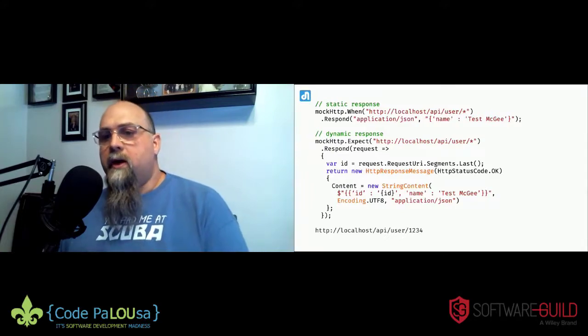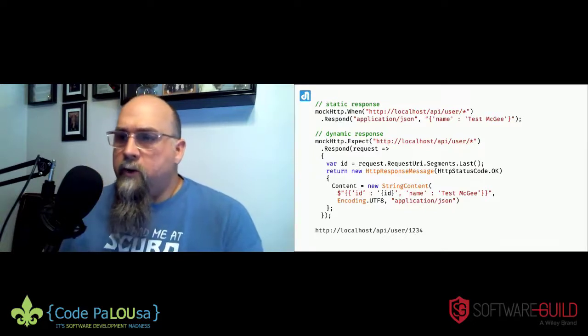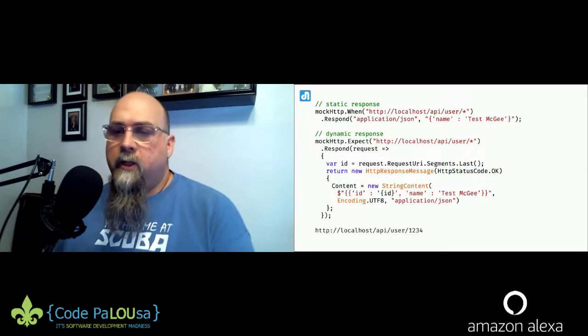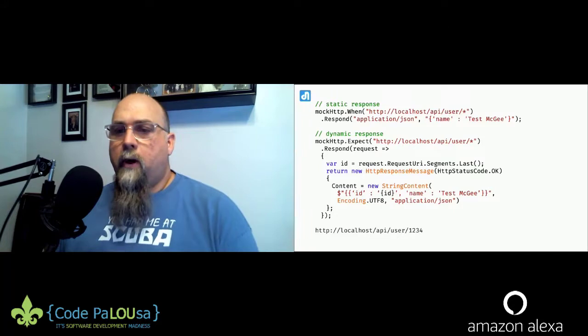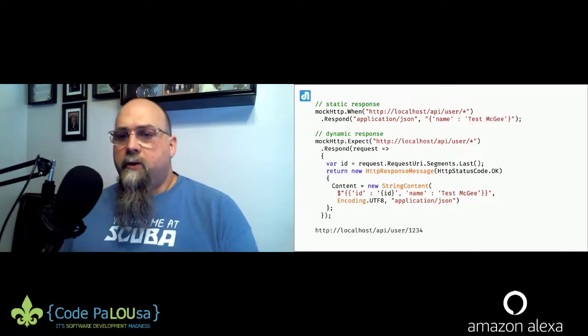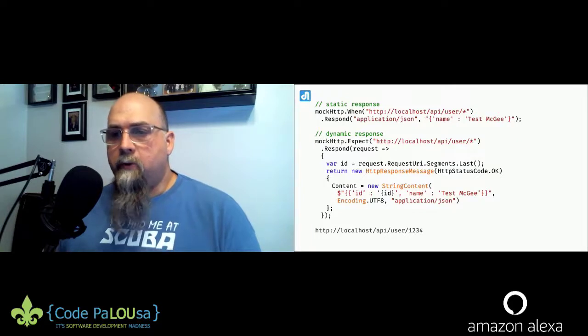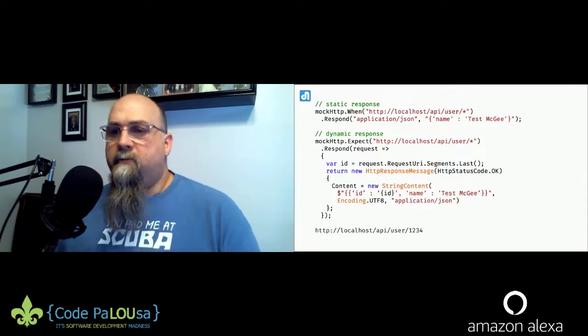And then you can create a dynamic response, which says, in this case, we're using the expect, and we'll talk about that in a minute. But we're using the expect to say, hey, when I get that same URL we just talked about, I want to respond, but I want to actually do some code here. So give me the request that's coming in. I'm going to take that request. Now I can look at the request. I can do things on it. We're doing something very simple here.